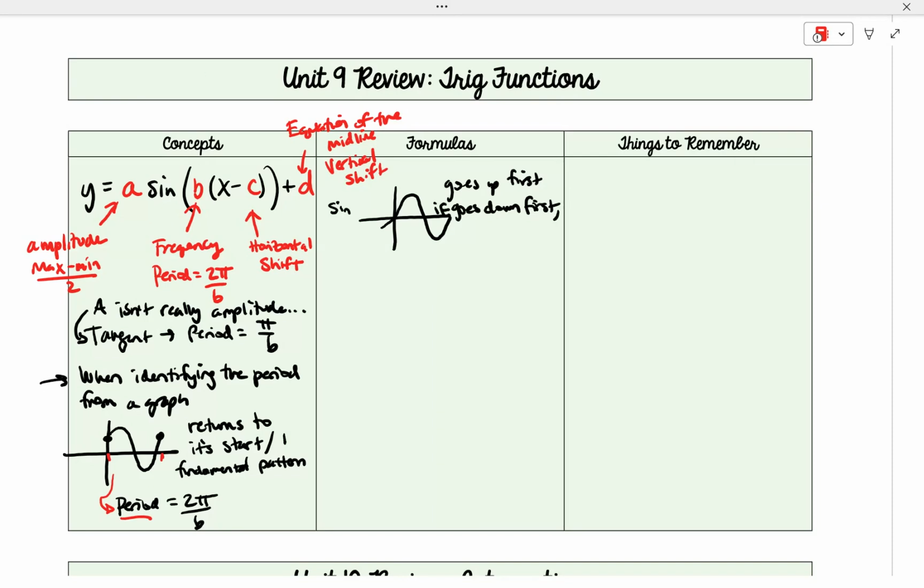If it goes down first, you have negative sine, okay? Same thing with cosine. Cosine usually starts at the maximum, so if it starts at the minimum, what do you have? Negative cosine.